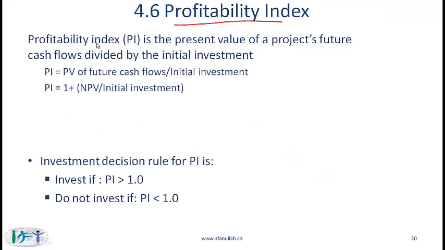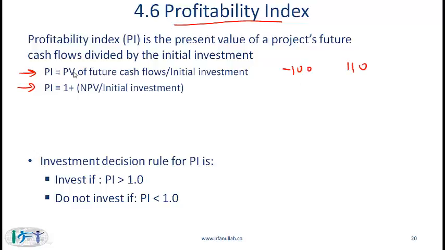Profitability index. Profitability index is the present value of a project's future cash flows divided by the initial investment, and there are two formulas that are mathematically identical. Let's take a simple situation where you invest 100, so that's the present value of your initial investment, and then let's say that the present value of the future cash flows is 110.